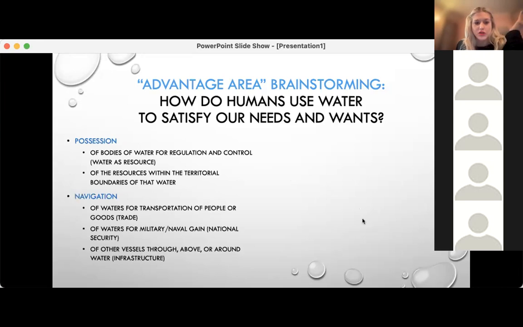Navigation of water for transportation of people or goods. A lot of trade-based concerns, the global economy. I don't know if any of you saw over the beginning of the summer, maybe the spring, when that one shipping container from China blocked the Suez Canal, and global trade was at a standstill for a few days, and it shook the markets.